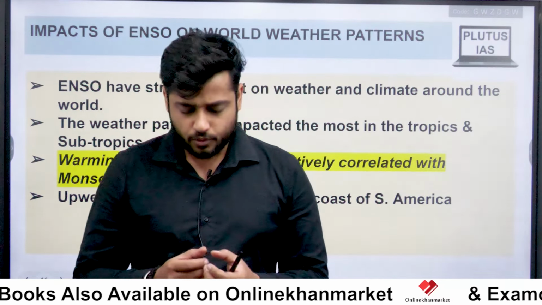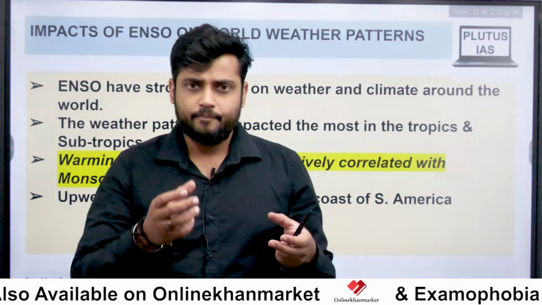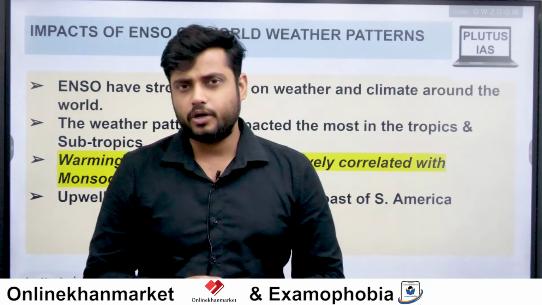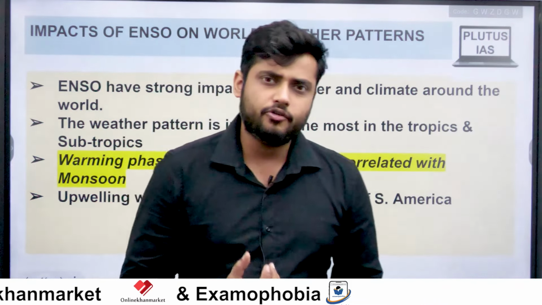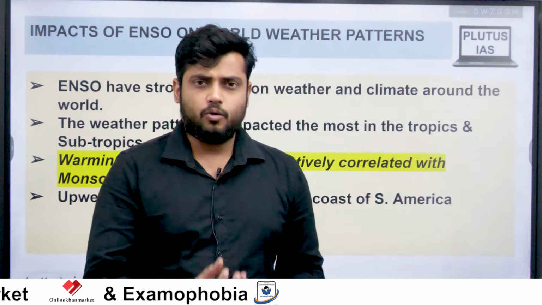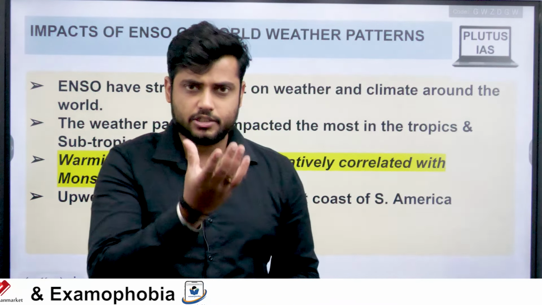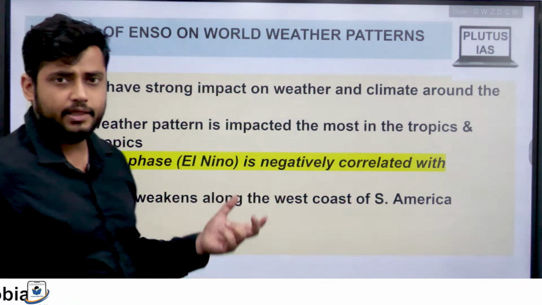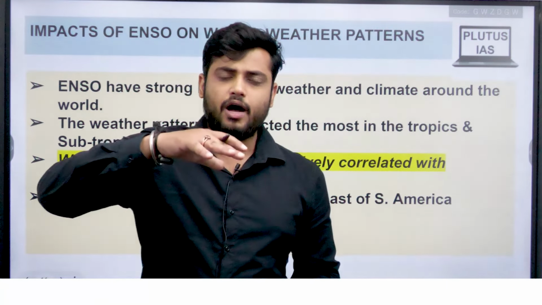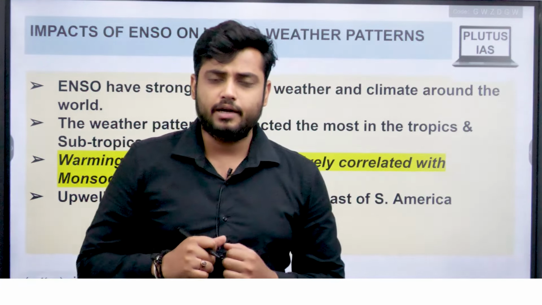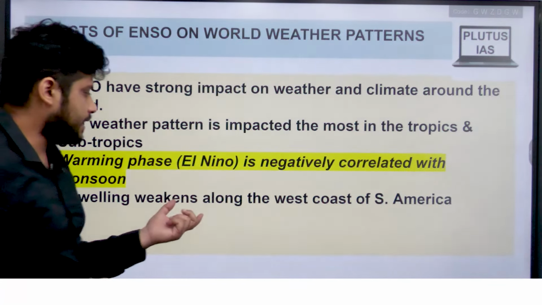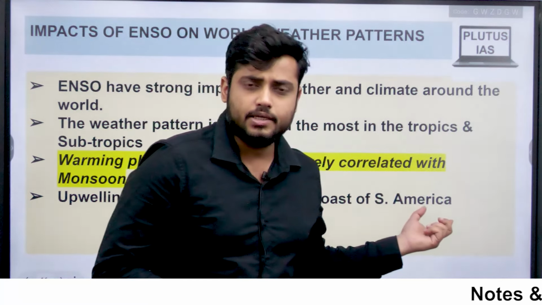Because all of you know that whenever any organism die, the sediments are deposited at the bottom, and if the water is coming from the bottom, it would be naturally rich in nutrients. So as the cold water rises to the surface, it brings nutrients to the surface. So this is upwelling. But in case of the El Nino year, the sea surface is warmer here and the trade winds are weakened. So when the trade winds are weakened, the upwelling also weakens along the west coast of South America.